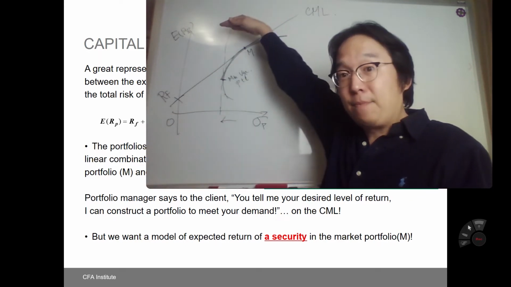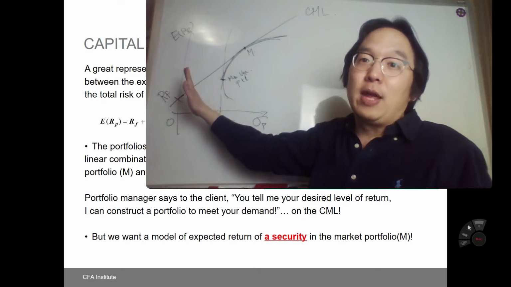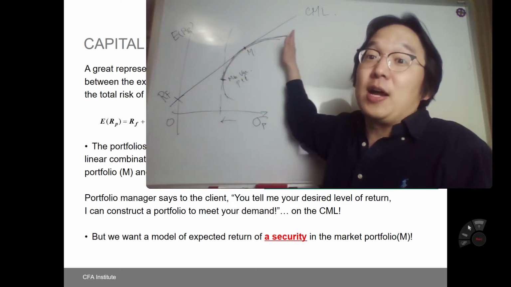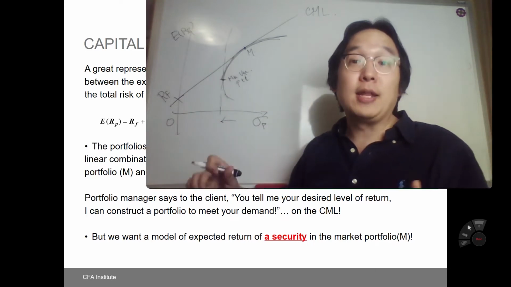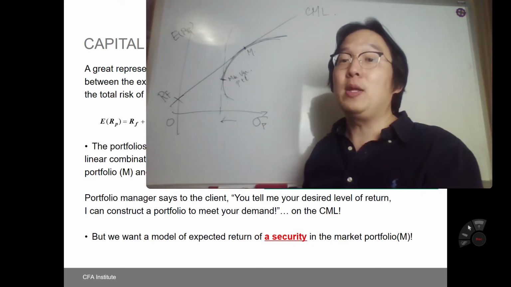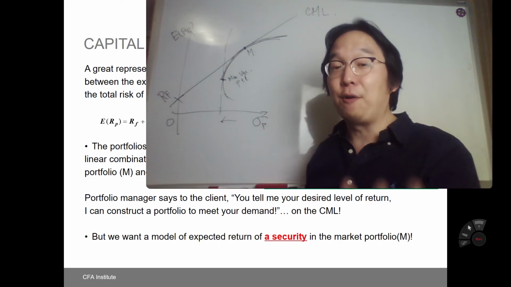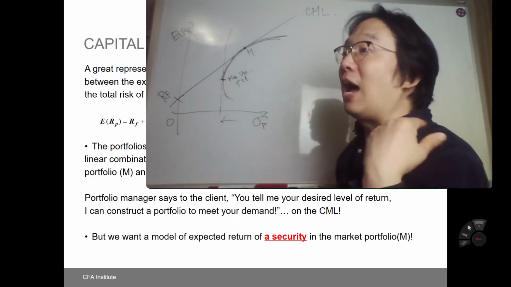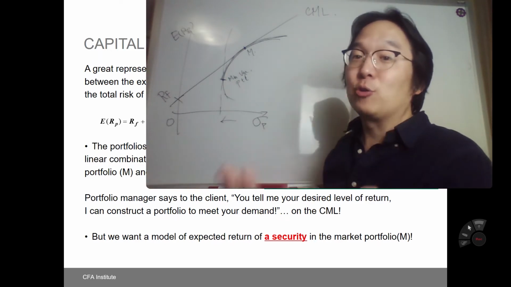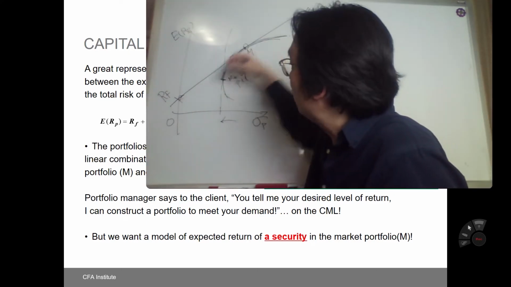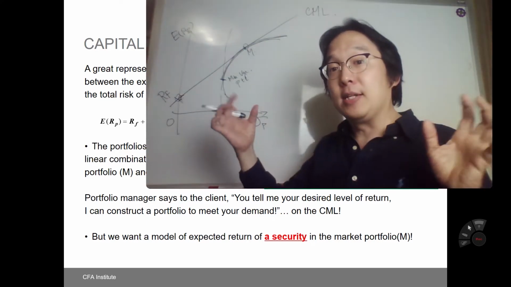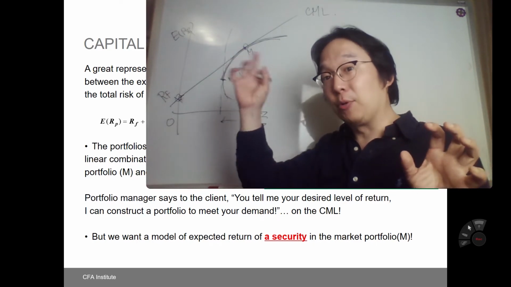I can form a portfolio that satisfies your need. I can construct a portfolio to meet your demand. You tell me your desired expected return level, and I'll tell you how to construct a portfolio based on these two assets, the risk-free asset and the market portfolio.